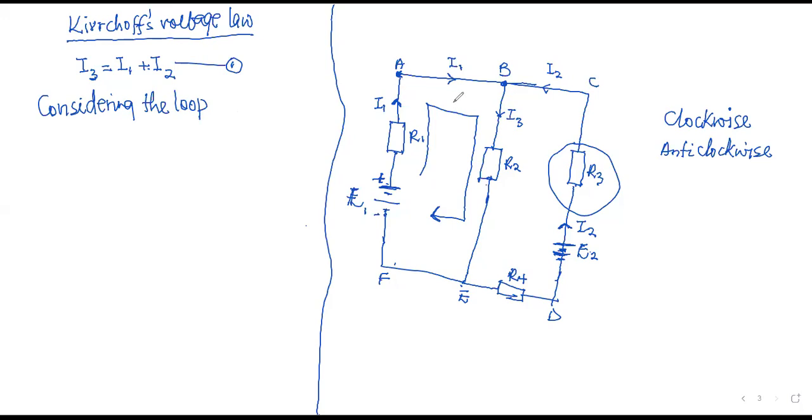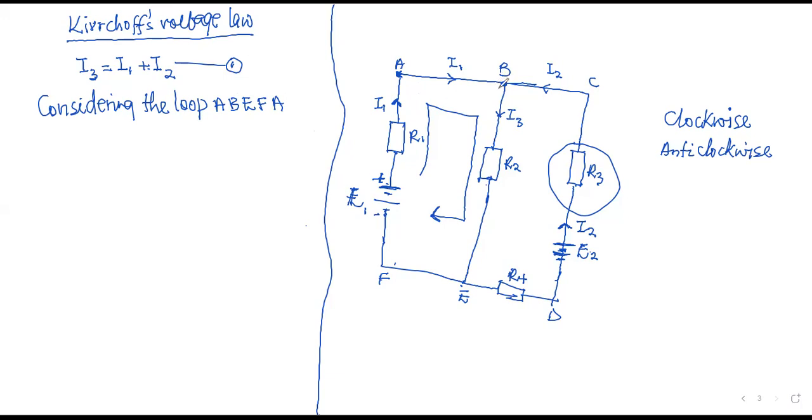So if I want to go clockwise, I start from this vertex, considering the closed circuit A, B, E, F, and I must end at A to close the circuit.